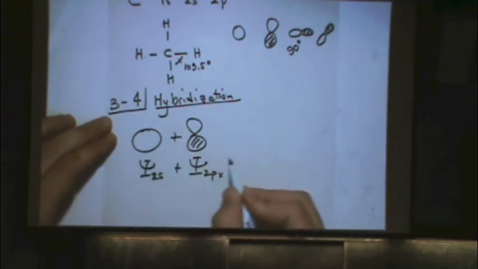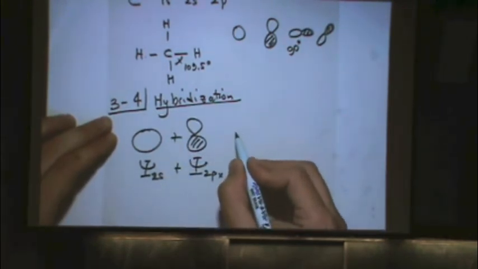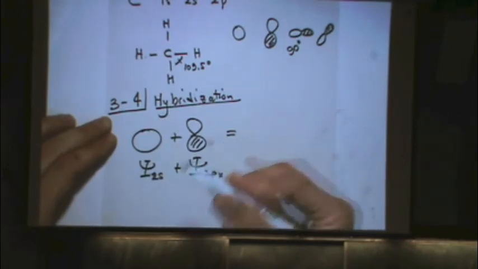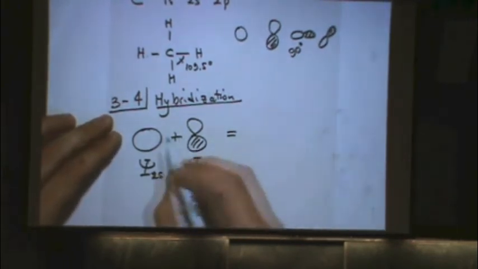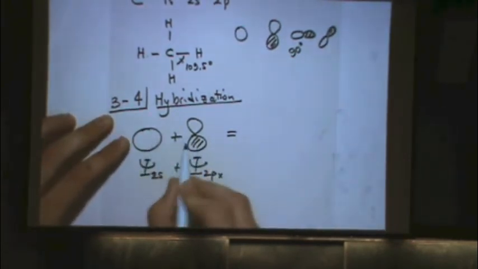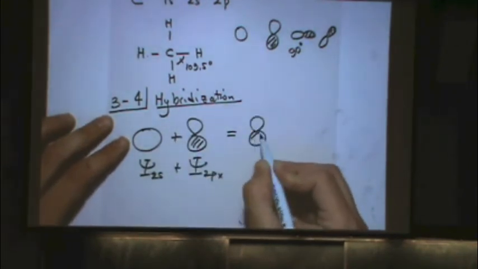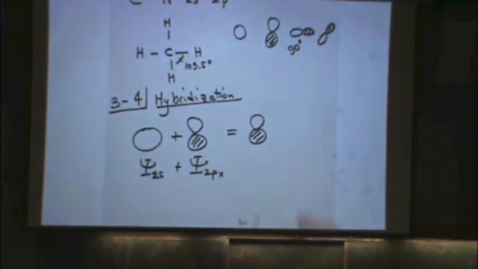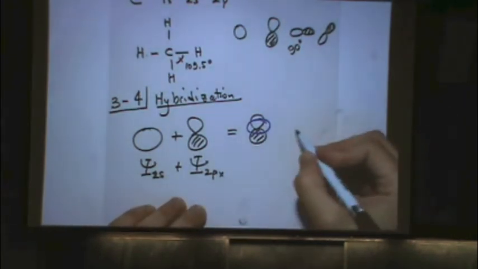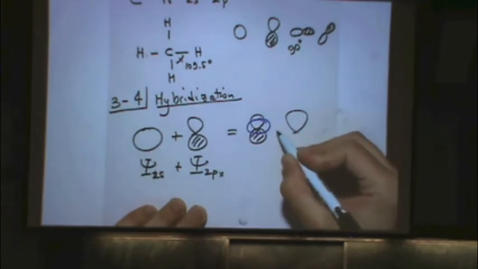Mathematically, I could add these wave functions. So just on a sketch basis, remember these are both functions, described mathematically. On a sketch basis, it would kind of look like this. And let me make the s a different color, blue. In this case, the same shades would be additive, to make a big fat lobe on the top.